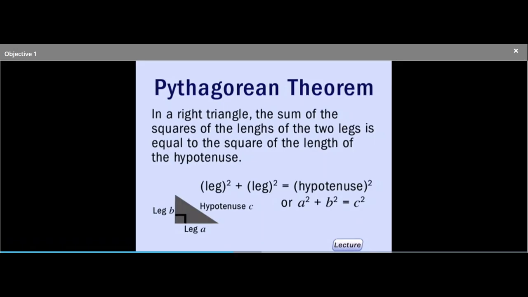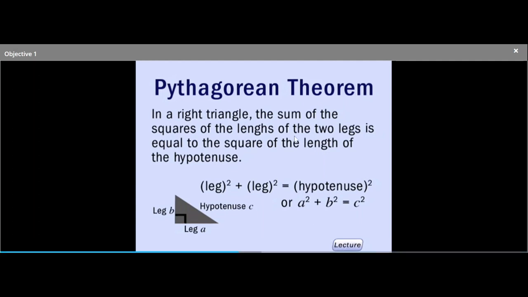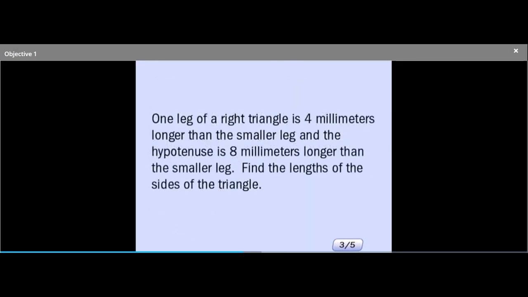In other words, leg squared plus leg squared is equal to hypotenuse squared. And of course, we're talking about lengths there. In other words, if a is the length of a leg, and b is the length of a leg, and c is the length of the hypotenuse, it is true that a squared plus b squared is equal to c squared. Now let's look at our application.